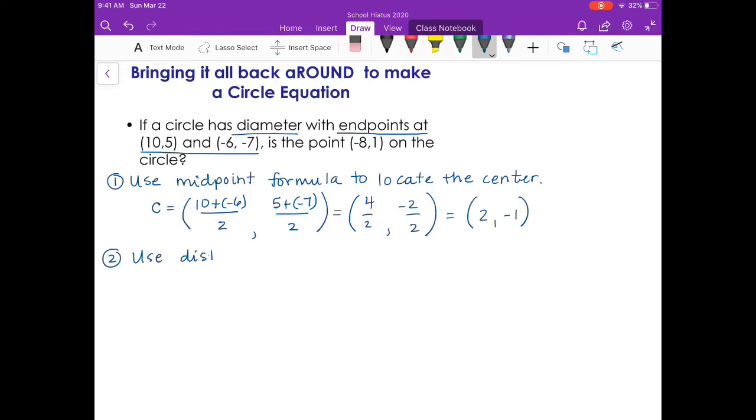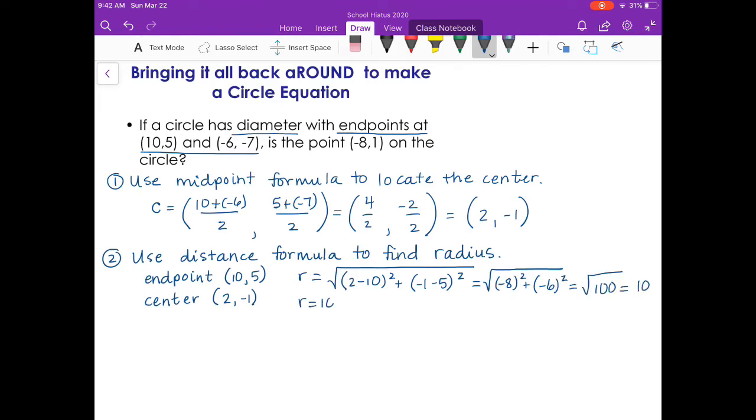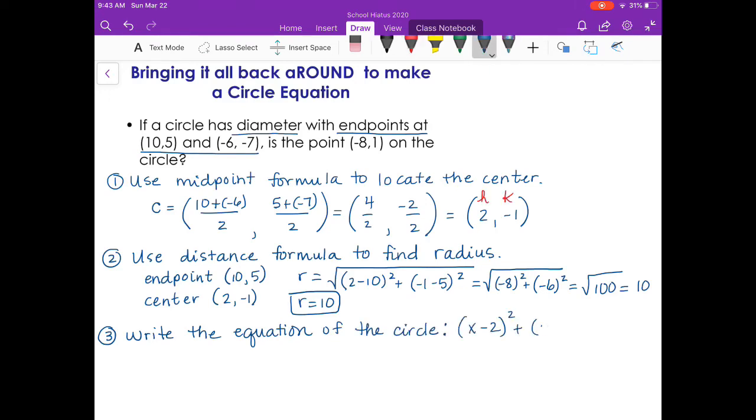Next, we'll use the distance formula to find the length of the radius. Now we can write the equation of the circle in standard form, substituting the coordinates of the center and the radius squared into our equation.